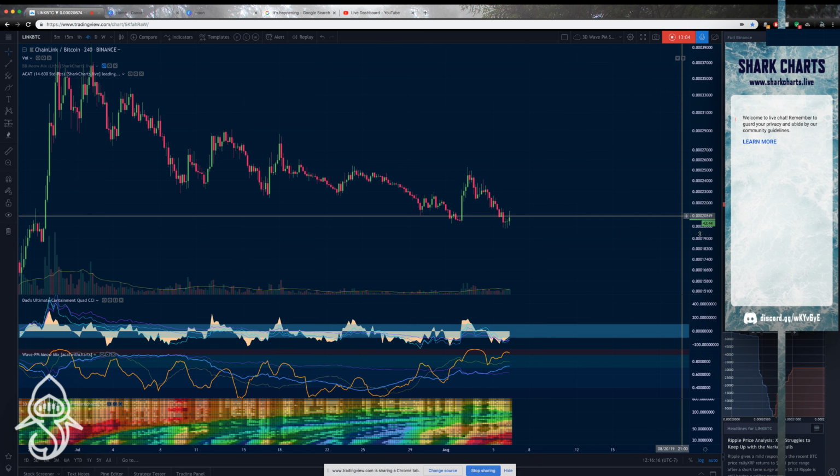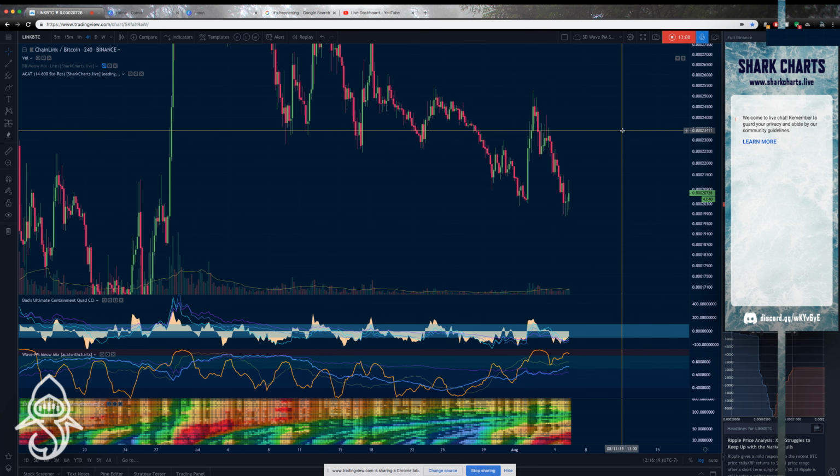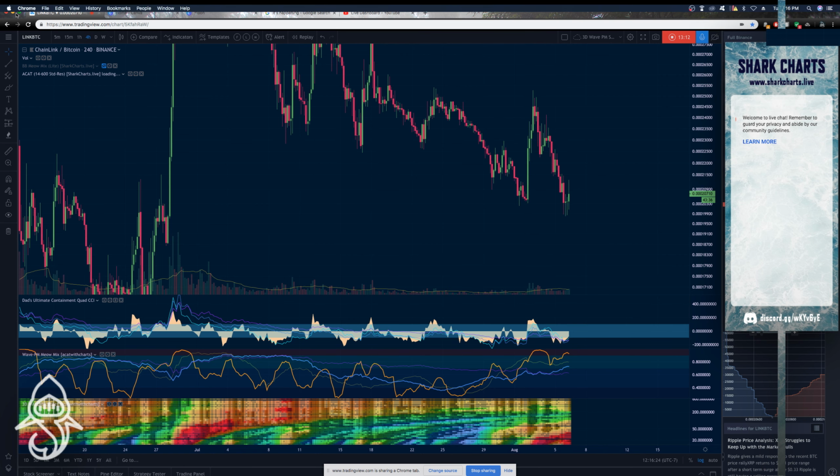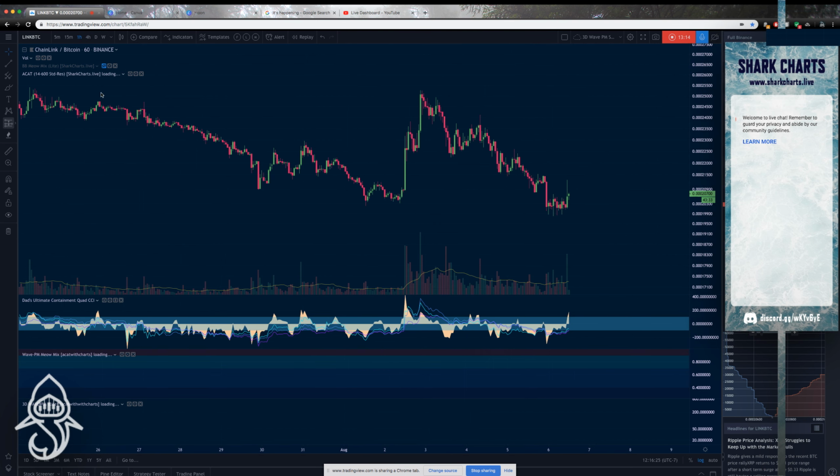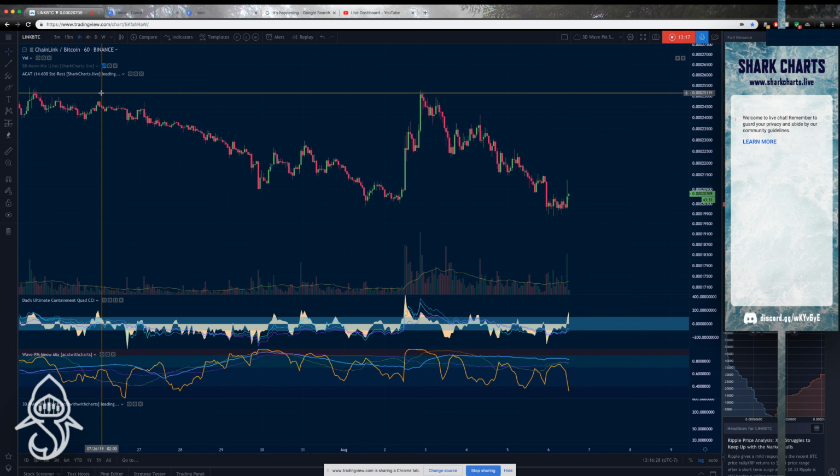Let's see what it registers as. Actually, it's converse expansion. Who am I kidding? It's bad. Quad CCI implies down. It's based on the 4-hour chart.